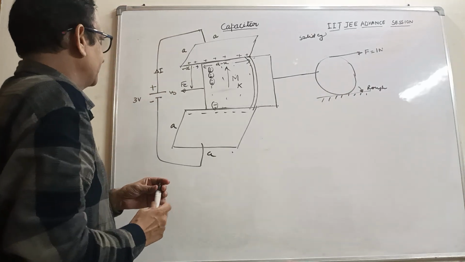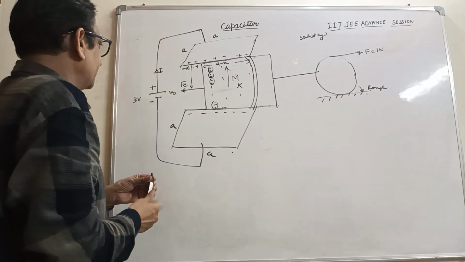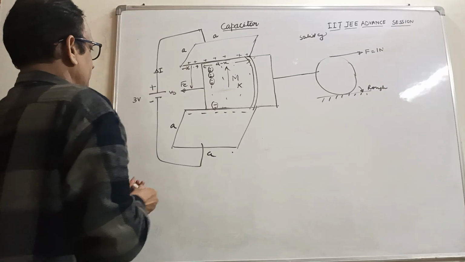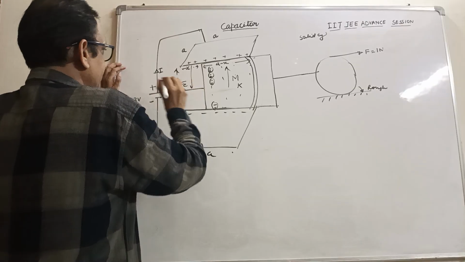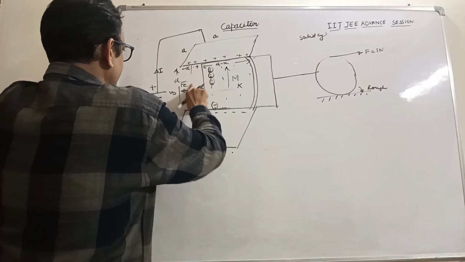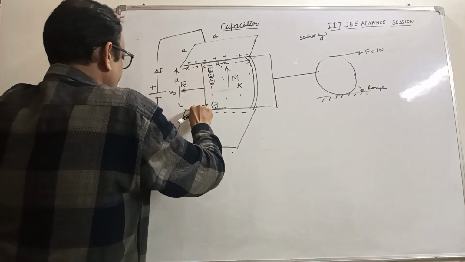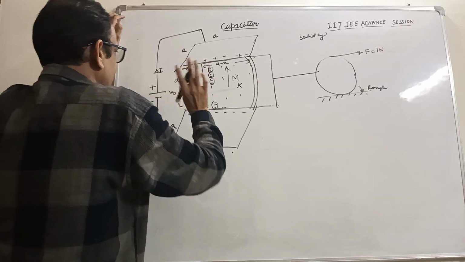So we can easily write the equivalent capacitance. The distance is d, and here we show the electrostatic force acting downward.